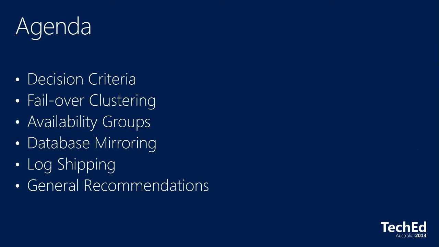So what we're going to do is cover some generic points, the decision criteria. I just want to impress certain things on people. We tend to be technically savvy people, technologists, and we focus on the technology. But I tend to notice in the field that high availability is more than just the technology. There's a lot of management and a lot of soft skills.